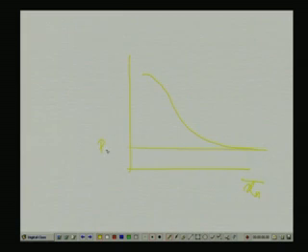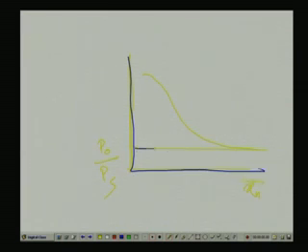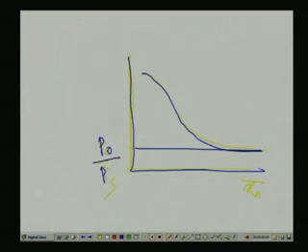That means Po by Ps is constant here when xn is large. Clear?